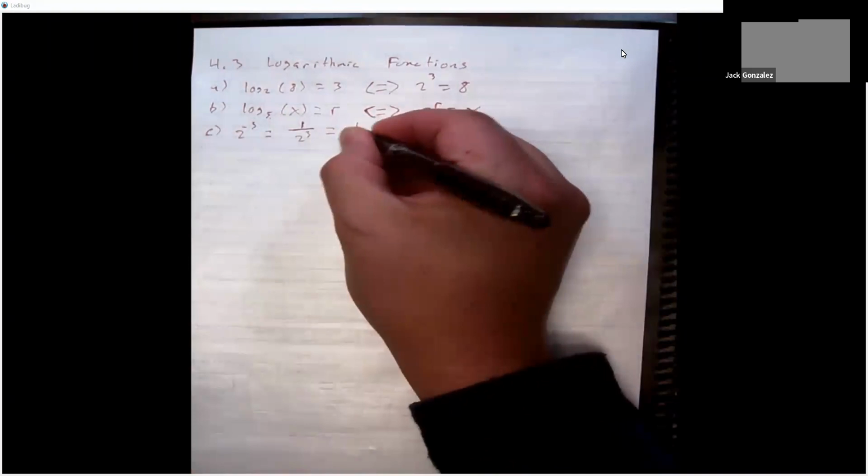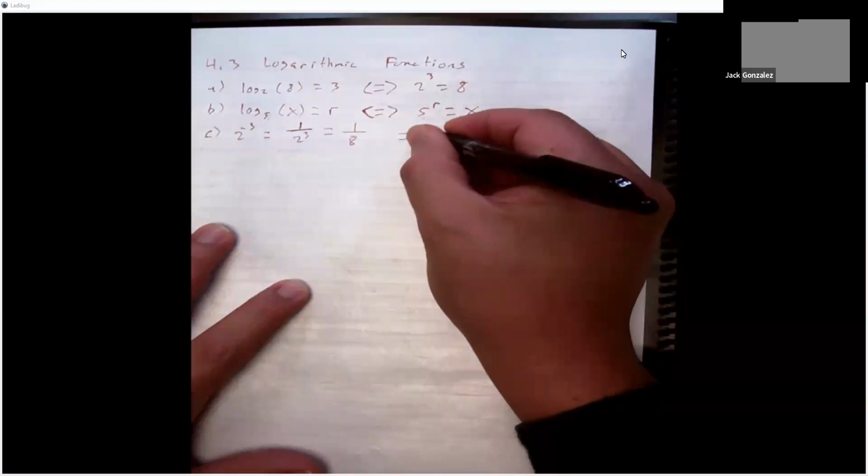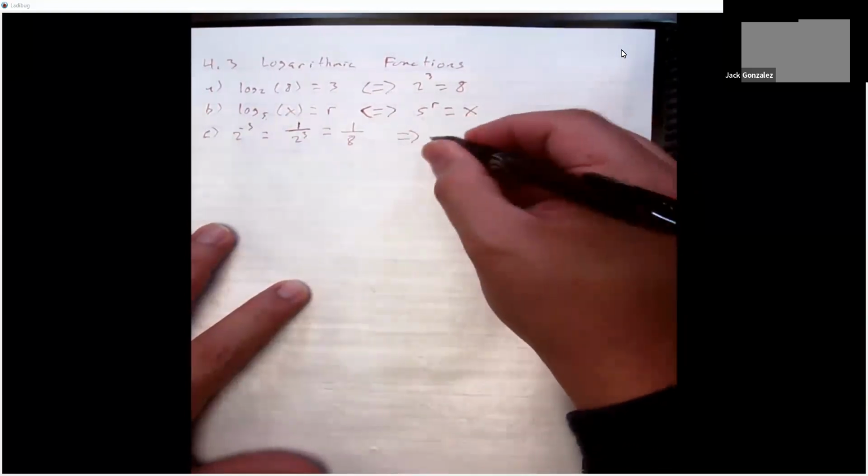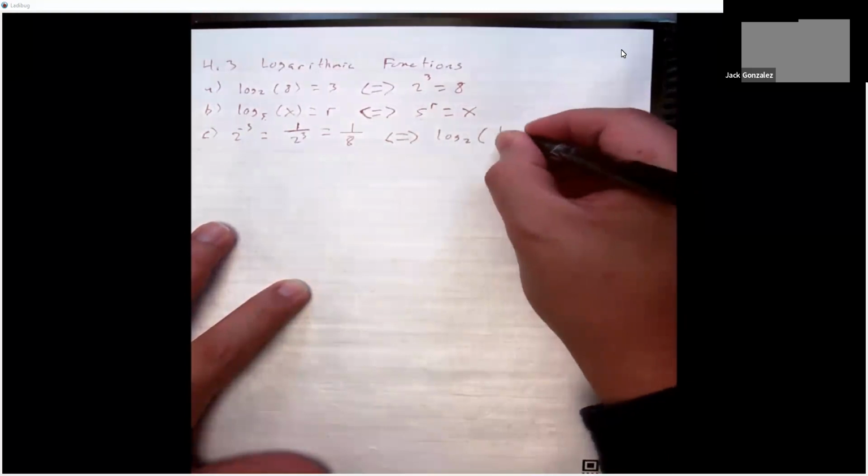So 2 cubed is 1 over 8, right? Now that we know what the actual argument is, let's change it. So we have log base 2 of 1 over 8 equal to negative 3.